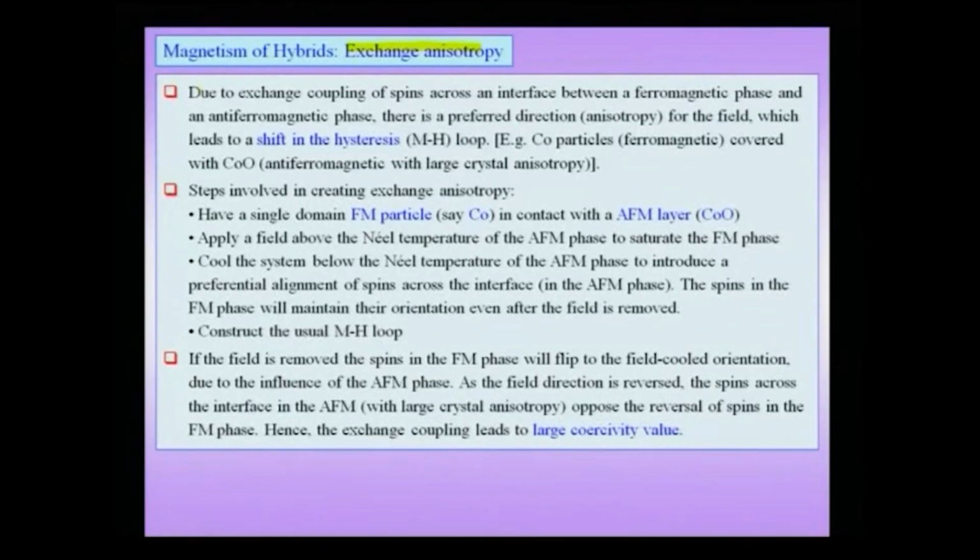Due to exchange coupling of spins across the interface between the ferromagnetic phase and the antiferromagnetic phase, there is a preferred direction, that means there is anisotropy for field, which leads to a shift in the hysteresis loop, as we will of course see very soon why this is happening. In other words, in the example cited, the cobalt particles are the ferromagnetic particles, and they are covered with cobalt oxide, which is an antiferromagnetic system with a large crystal anisotropy.